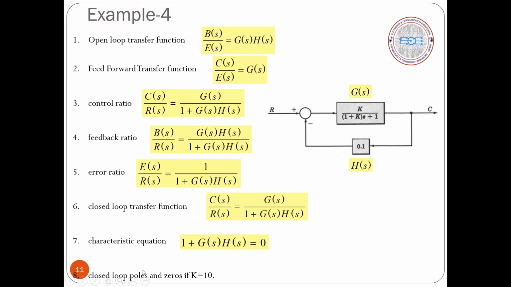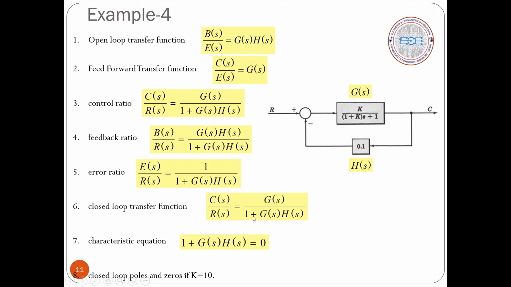So the closed loop poles and zeros, you can calculate by taking some value K, and you can get all these equations. You can compute very easily. It is a very simple procedure. We have formulas written here. You have to substitute G(s) and H(s) in all the equations, and take K equal to 10. Finally you have to give me the closed loop poles and zeros. How can we do that?